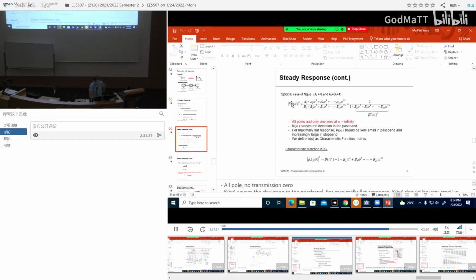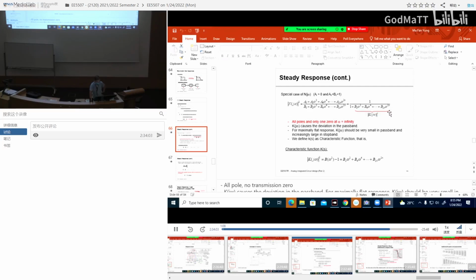Now in the magnitude response, this is a general case where n is the order of the filter. Now, if we say it's a special case where the numerator of your magnitude response is 1, and the denominator is of this form, 1 plus B2 omega squared plus B4 omega to the fourth plus up to B2n omega to the 2n, that means I only have zeros at infinity, which is why they disappear, and I only have all poles.